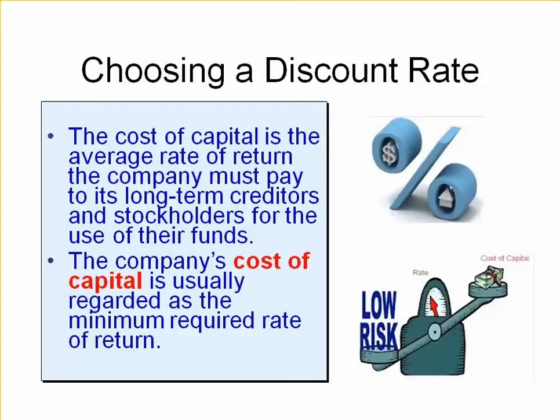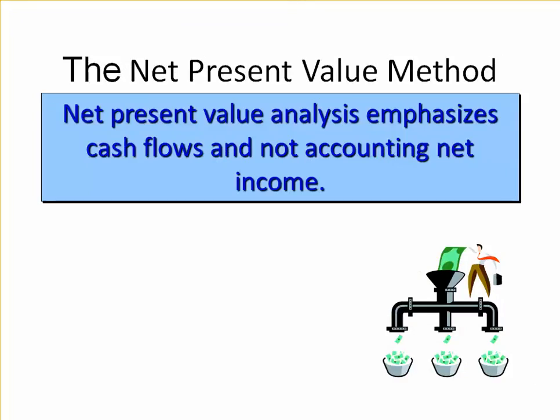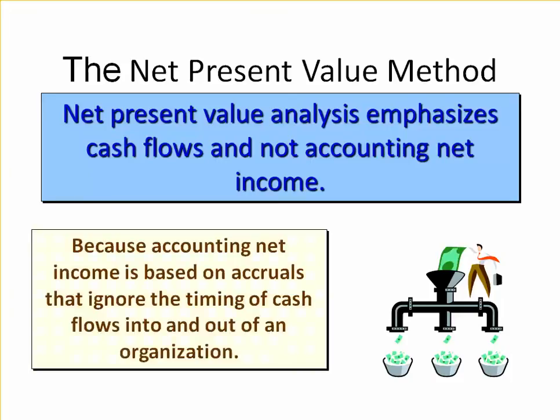So again, our weighted average cost of capital is simply an average of what we're paying our bondholders and our longer-term stockholders. A few other things to keep in mind regarding our net present value method. The net present value method emphasizes cash flows and not accounting net income or GAAP income.